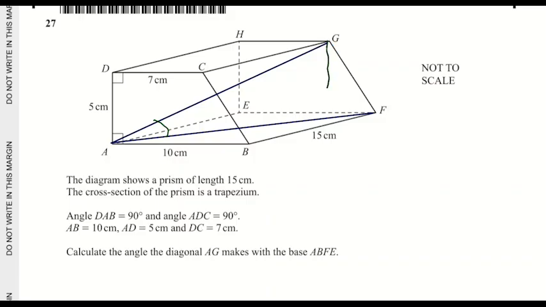Let's take a perpendicular line from there. So let's draw a line here and it comes down here. When it comes down here, that means you have a right angle here.